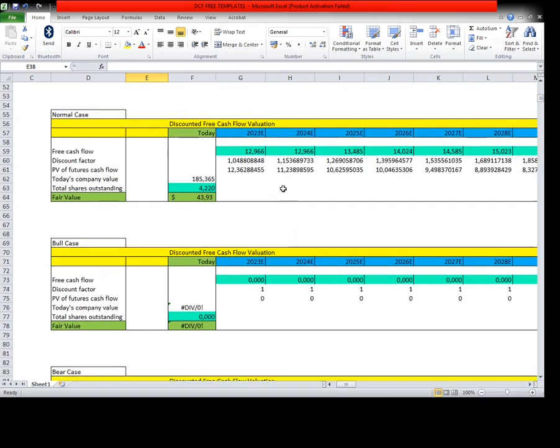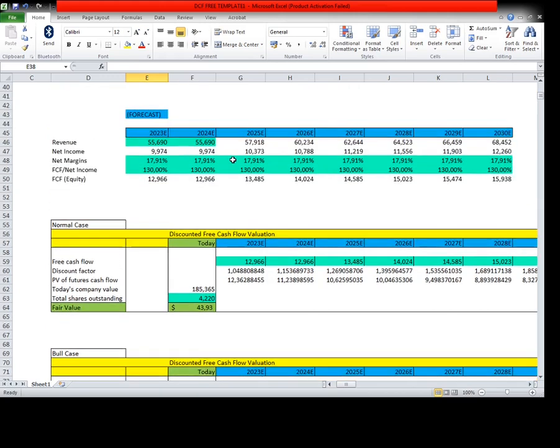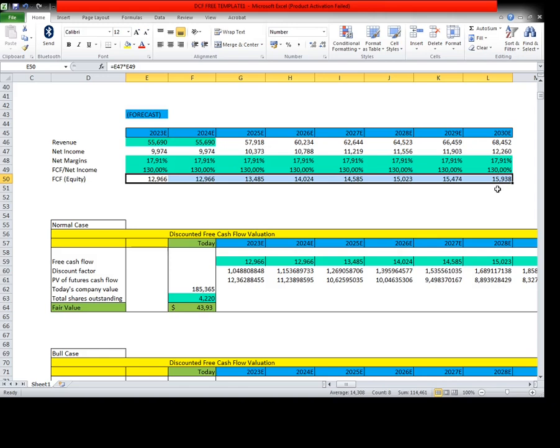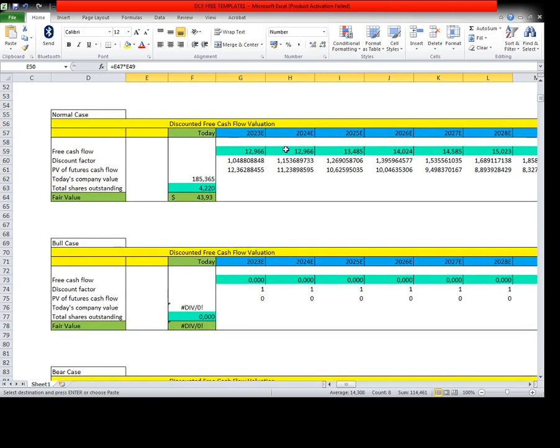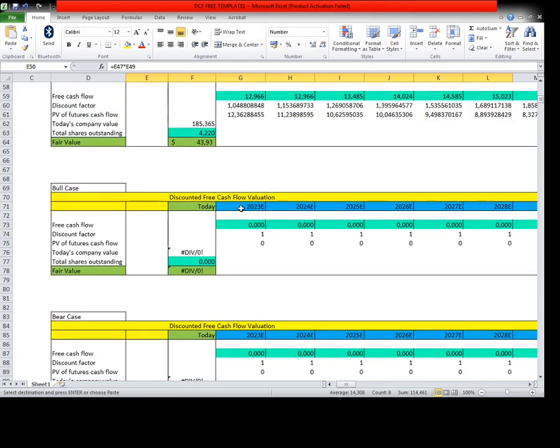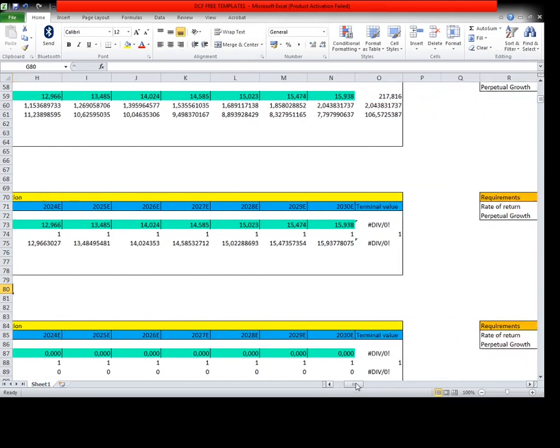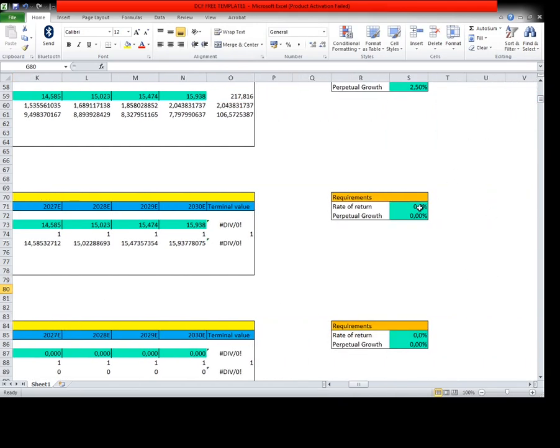Now we will be working on the bull case. Let's say we are bullish on Cisco, what would be its value? We copy the forecasted free cash flow and paste it as a value. We put in the shares outstanding, and for our bull case we expect 10% on our investment.